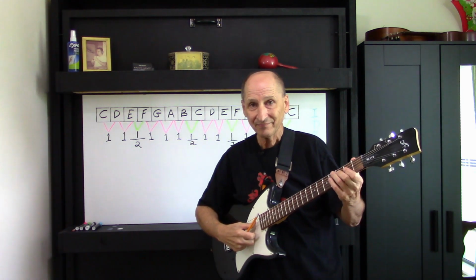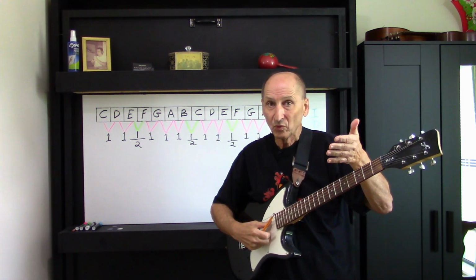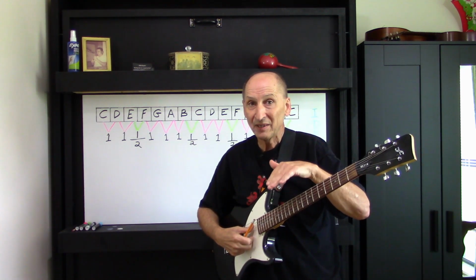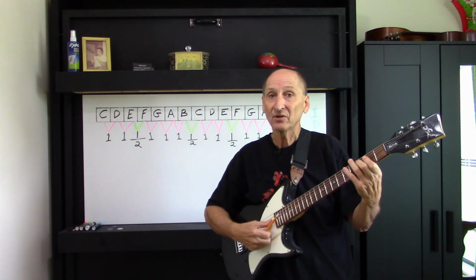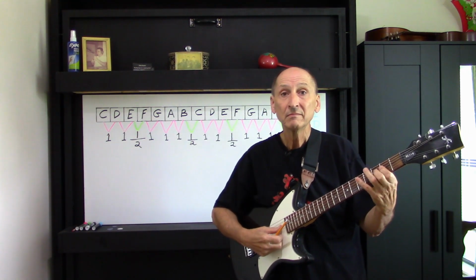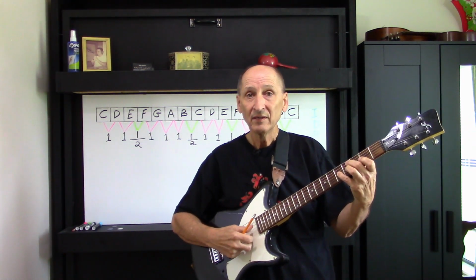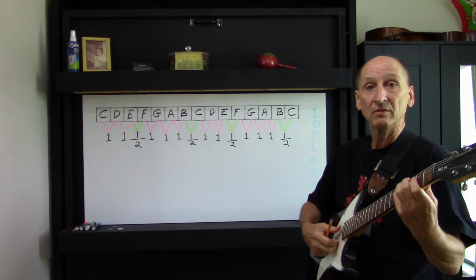So, to hear what it sounds like, and you've heard people do this on the guitar, here's the mode starting on C. Can we hear that all right? That would be the Ionian mode.